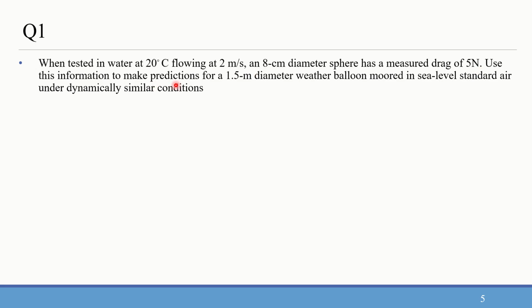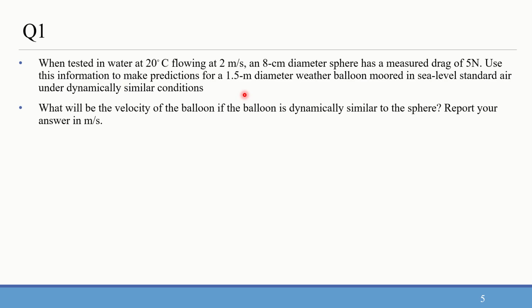Use this information to make predictions for a 1.5 meter diameter weather balloon moved in sea level standard air under dynamically similar conditions. What will be the velocity of the balloon if the balloon is dynamically similar to the sphere? Report your answer in meter per second.